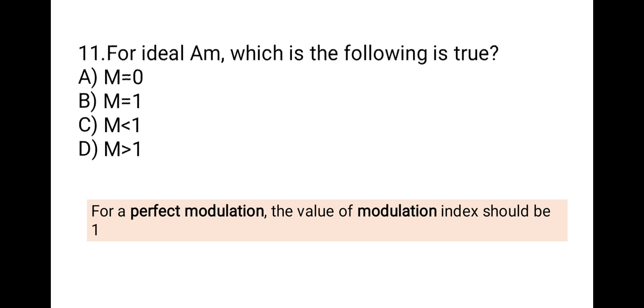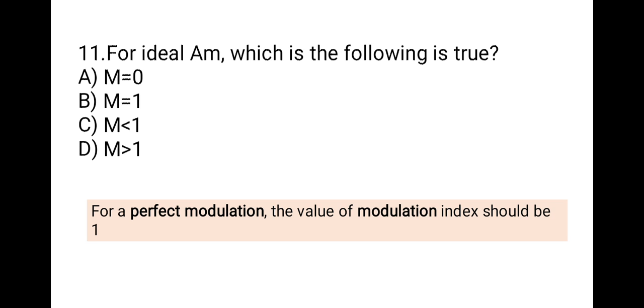The next question: for ideal AM, which of the following is true? And we know from the last slide that in ideal modulation, the modulation index m is equal to 1, and this occurs when the modulating signal voltage Vm is equal to the carrier voltage Vc.